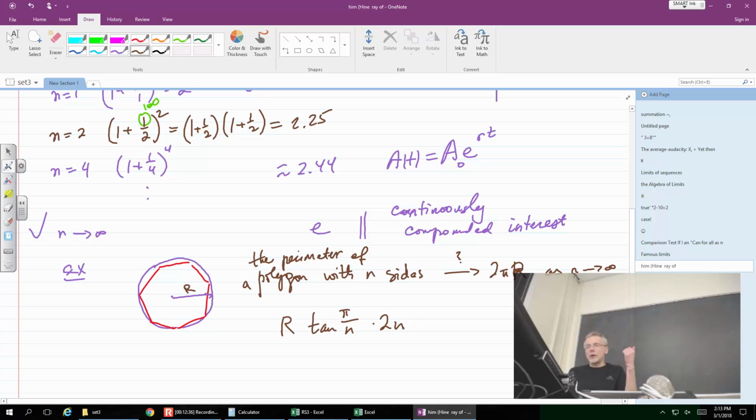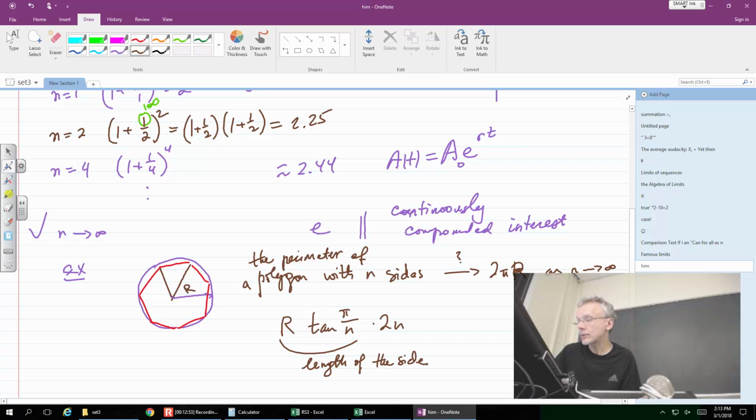So this is my radius, and then I figure out the length of the side. Then multiply by n, and you have the perimeter.